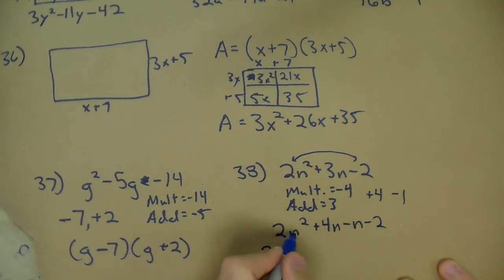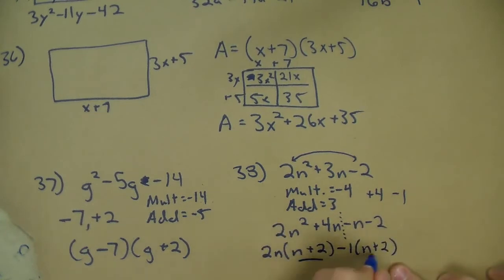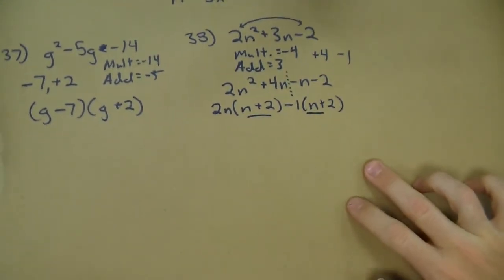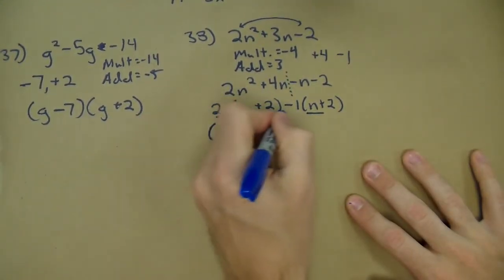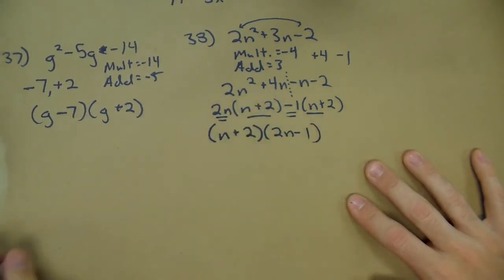I factor out of the first two terms a 2n, leaves me with n plus 2. I factor out of the second two terms a -1, leaves me with n plus 2. Now I take what they have in common, which is n plus 2, move that out in front, and then what's left over is my other factor, 2n minus 1.